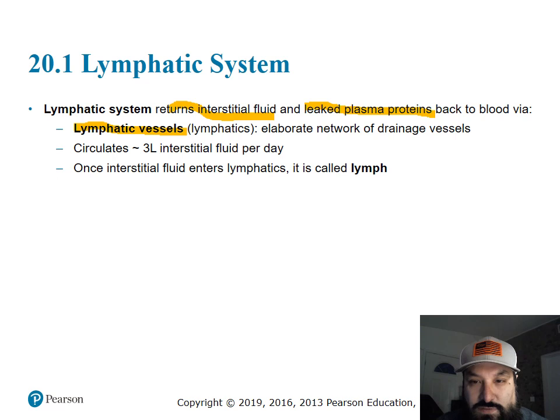These are your drainage vessels. And lo and behold, about 3 liters of interstitial fluid per day gets cleansed. Once that fluid enters the lymphatics, it's called lymph. That's why we use the word lymph to describe lymphatic fluid.